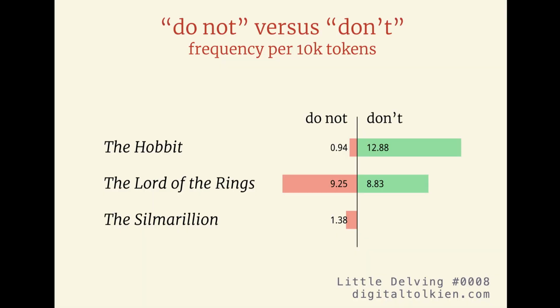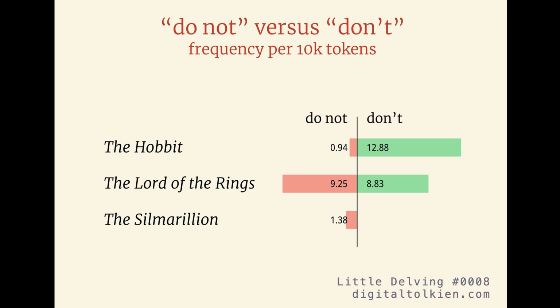Tokens refer to the actual instances in the text. So if you're talking about tokens in The Hobbit, it has about 95,000 different tokens, although it's not 95,000 unique words. And so we use the term token to make it clear that we're talking about occurrences of the word, not different types of words. And the reason we do this whole frequency per 10k tokens in the first place is obviously these 3 works have different lengths, and we don't want to bias these numbers by length of the work.